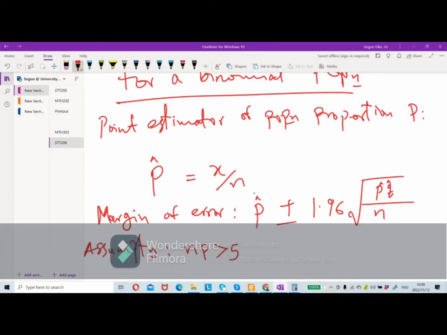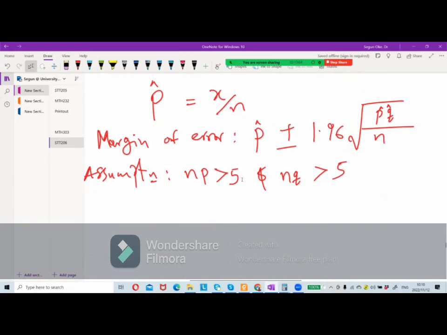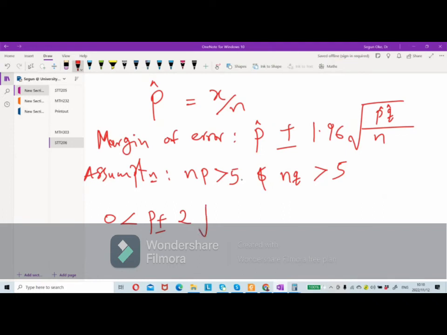But in this case, NP greater than 5 and NQ also greater than 5. So we like to check them. It simply means 0 is less than P plus or minus the square root of PQ over N, which is less than 1.